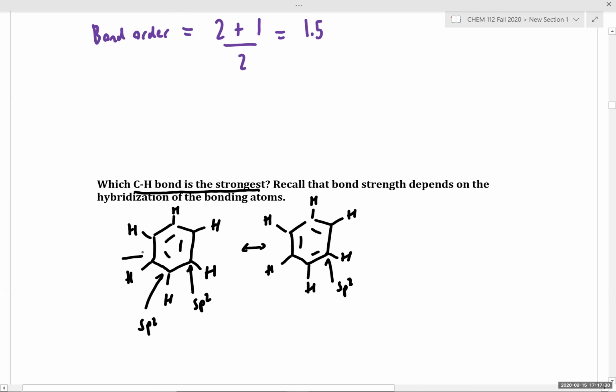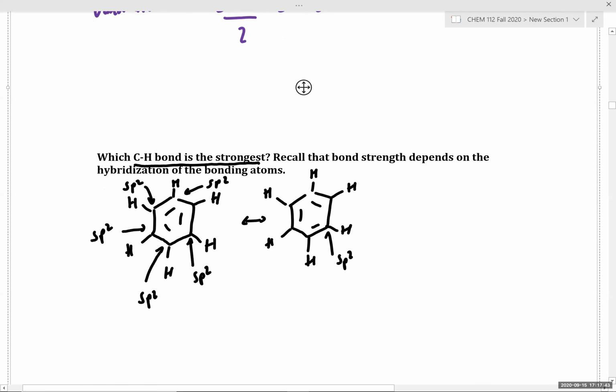Also, looking at the hybridization of each of our carbon atoms in benzene, we have the same observed hybridization, and we have the same observed carbon-hydrogen bond order.